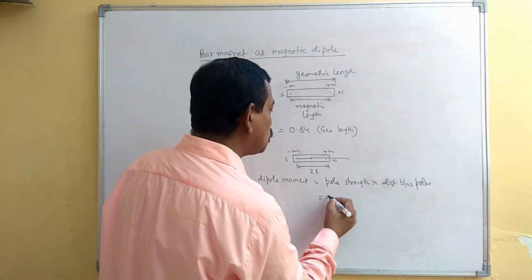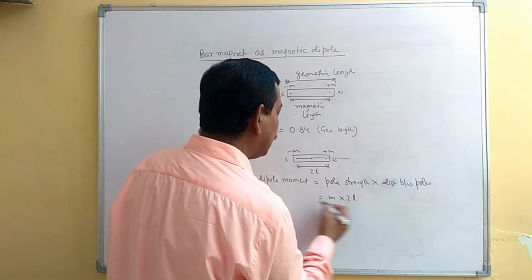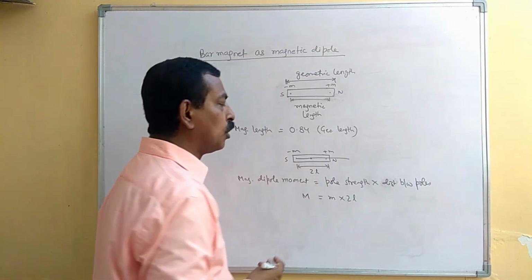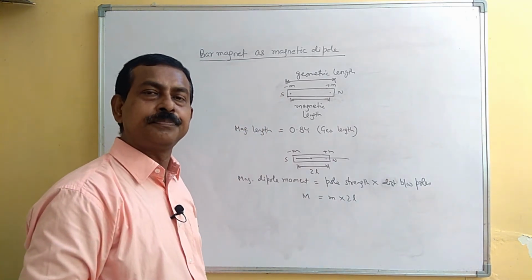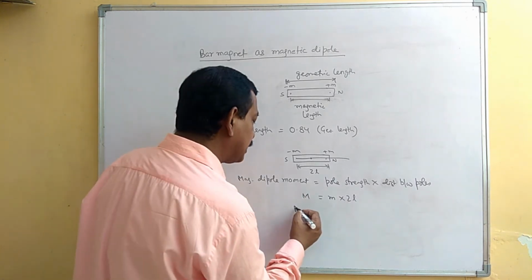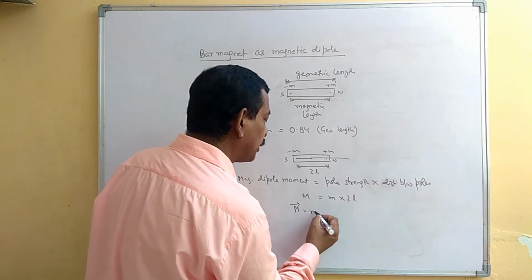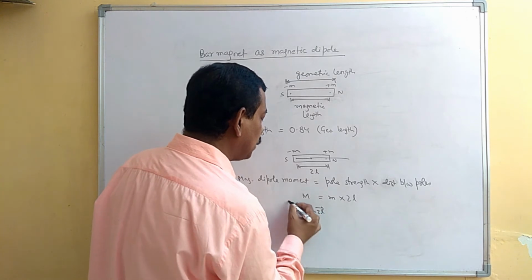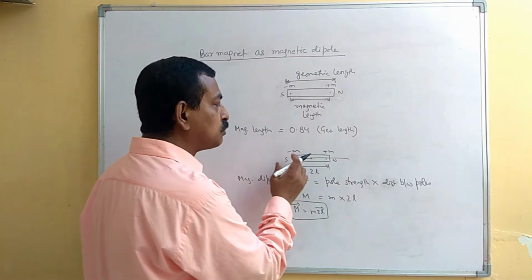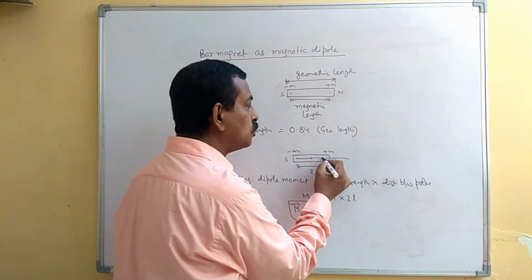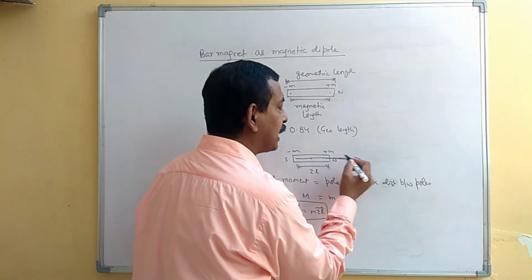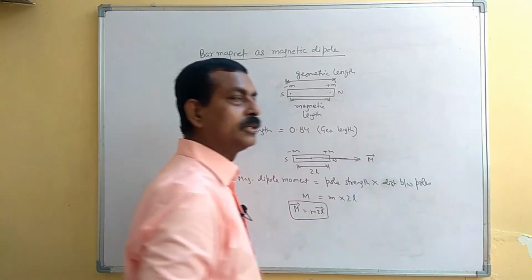So this equals m into 2L, and we represent the magnetic dipole moment by capital M. In vector form, we can write it as m times 2L, in the direction from the south pole to the north pole. So this is the direction of the magnetic dipole moment.